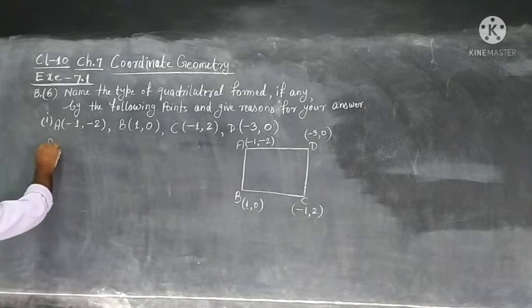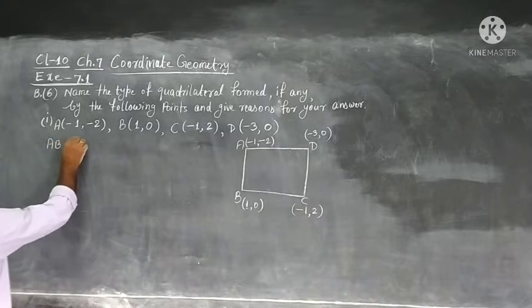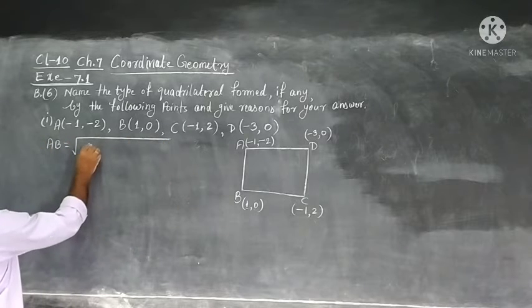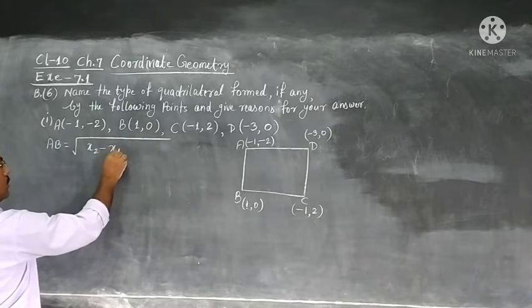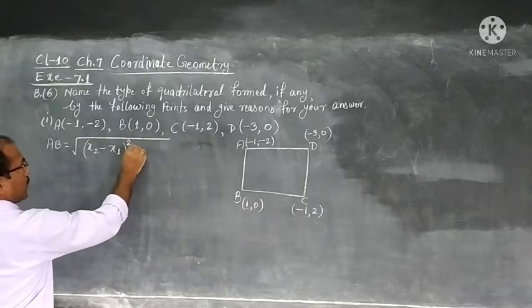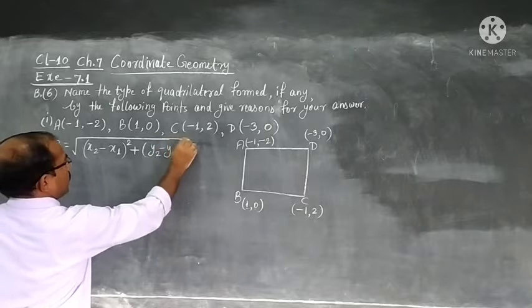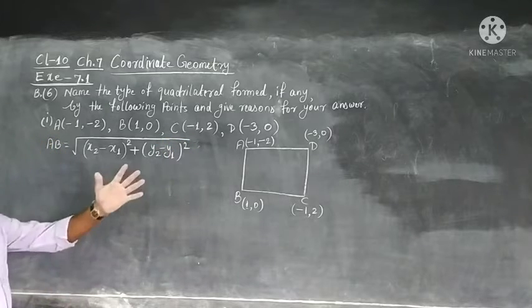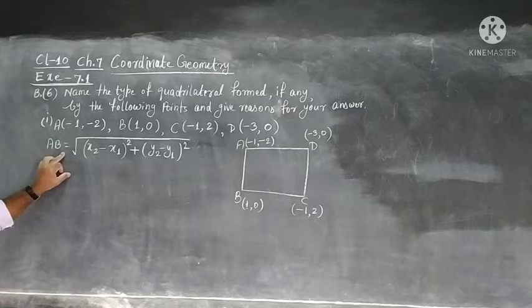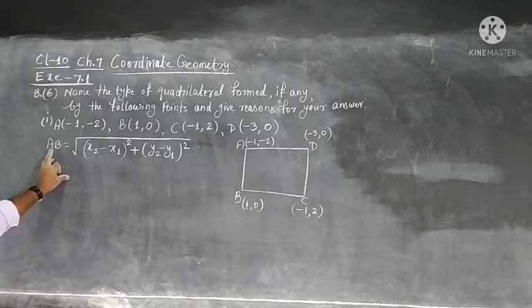AB we are going to find using the distance formula. It is the square root of x2 minus x1 whole square plus y2 minus y1 whole square. Which side length are we going to find?